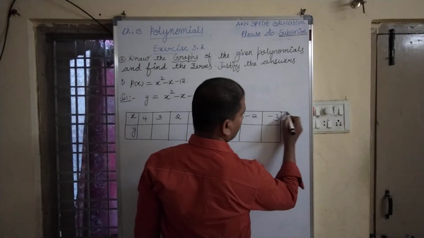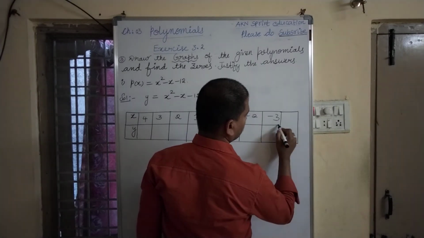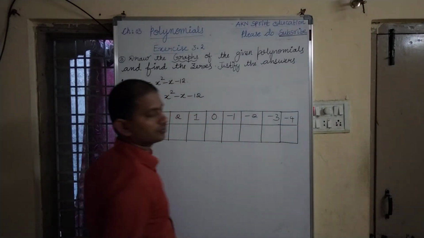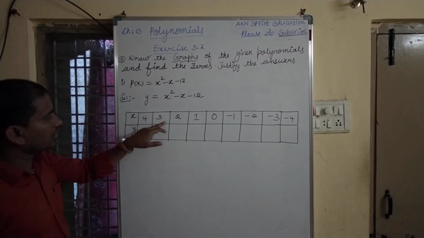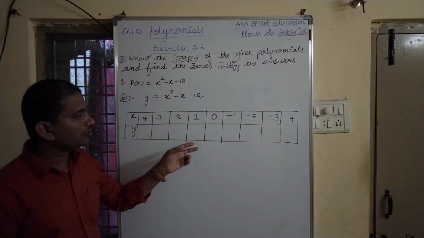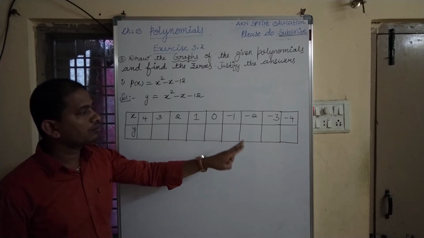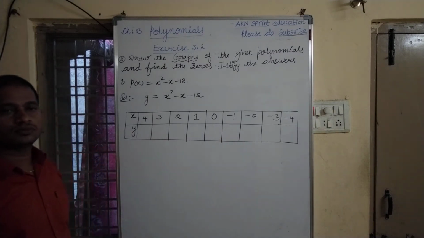You can also take minus 4 also. Okay, we have taken 4, 3, 2, 1, 0, minus 1, minus 2, minus 3, minus 4.